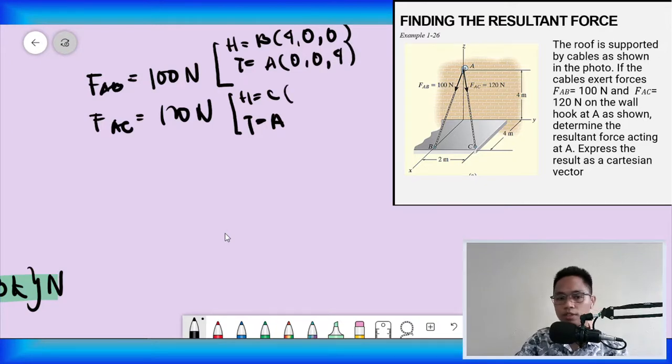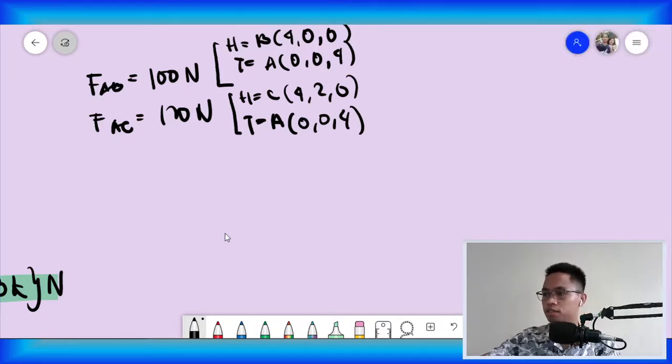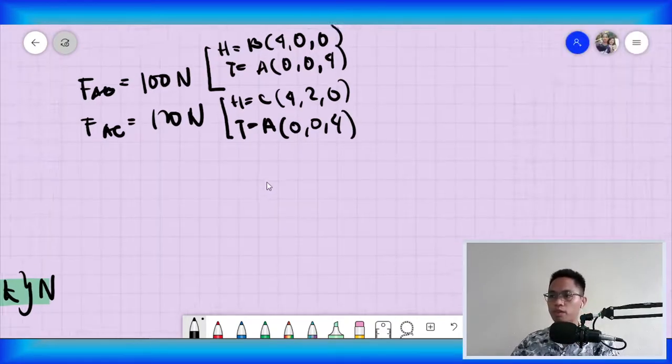While for point C it is 4 for x, 2 for y, 0 for z. While for A, that's the same, 0, 0, and 4. Okay, so we have the given. Now we can solve for this problem.